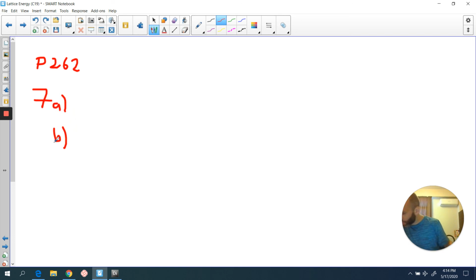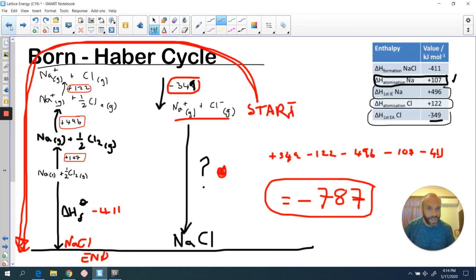Question 7A is draw a Born-Haber cycle for aluminium oxide. And part B is to calculate the lattice energy of aluminium oxide using the data under the arrows in the sequence above. What I want to see you do is convert that into an energy level diagram, and calculate the lattice energy just like I did with the sodium chloride example.